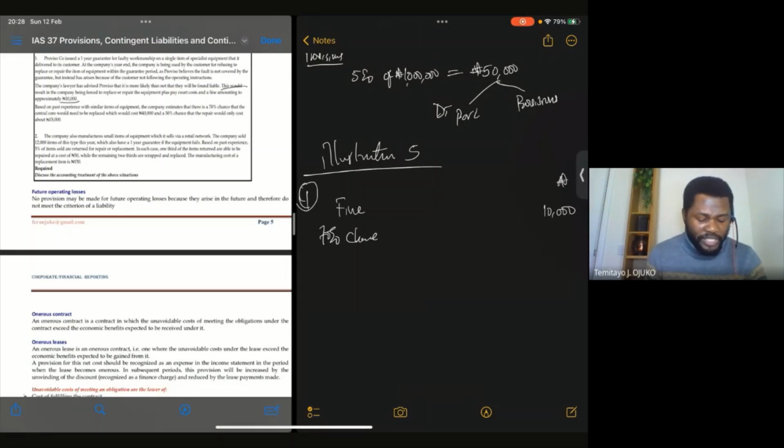Based on past experience with similar items, the company estimates that there's a 70% chance that the central core would need to be replaced, which would cost 40,000 naira, and there's a 30% chance that the repairs would only cost about 15,000 naira. So 70% chance that there will be what? They will be replaced.